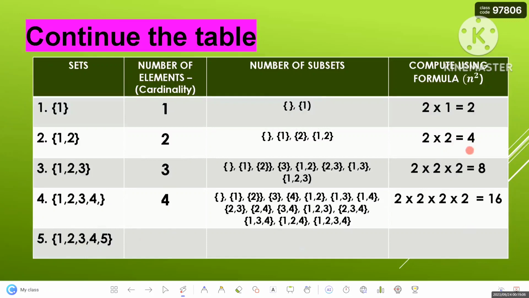And then compute by using the formula 2 raised to n. Kung tamang sagot, ay may plus 10. Okay? So, do you understand? Titignan mo lang kung paano ginawa para masusundan. Kung wala nang tanong, I think it's the end of my discussion.